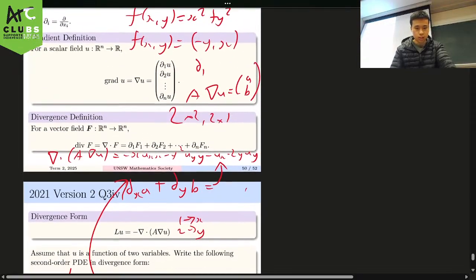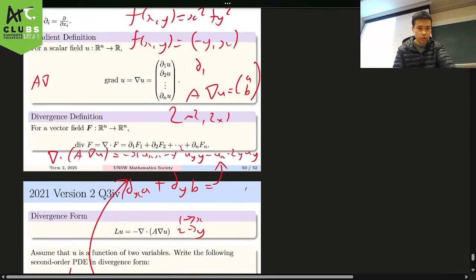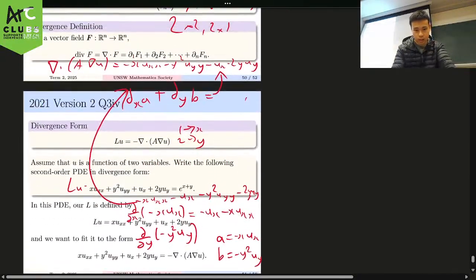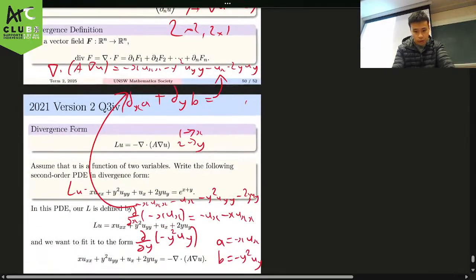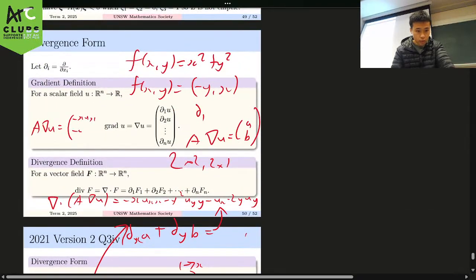So to say that here, this (a, b) times nabla u, we can actually write in our actual terms: minus x u_x minus y squared u_y. That's that. So how do we proceed from here? We still need to find the matrix A, but here's the thing.